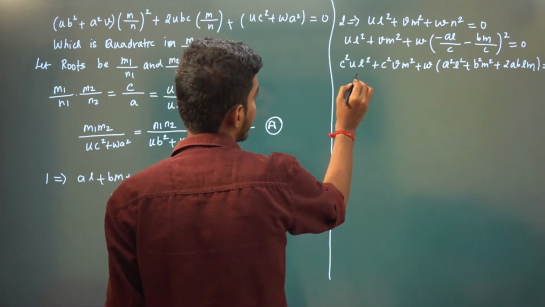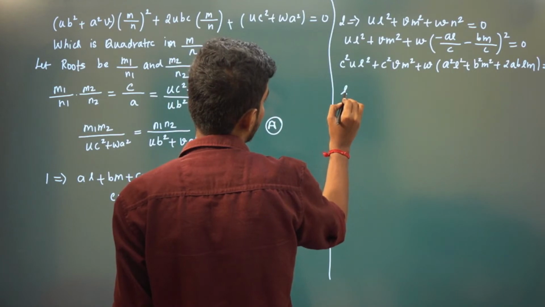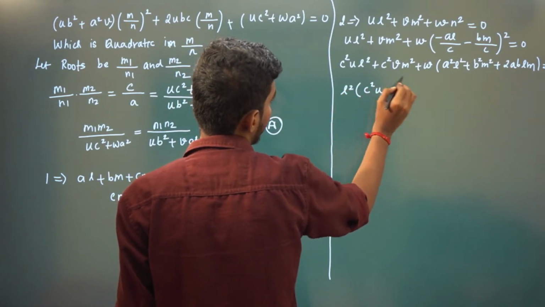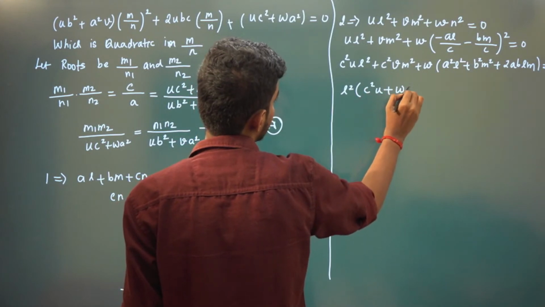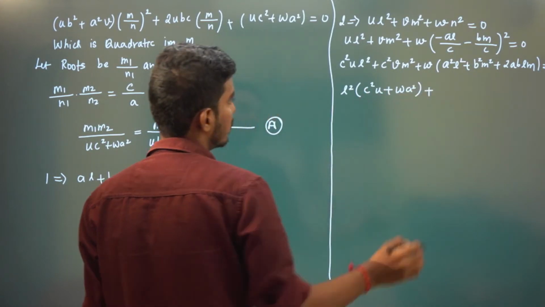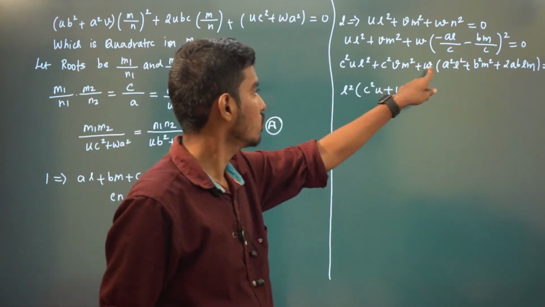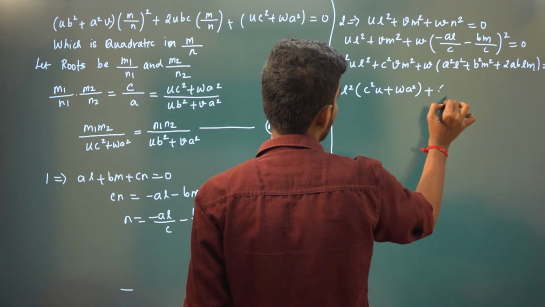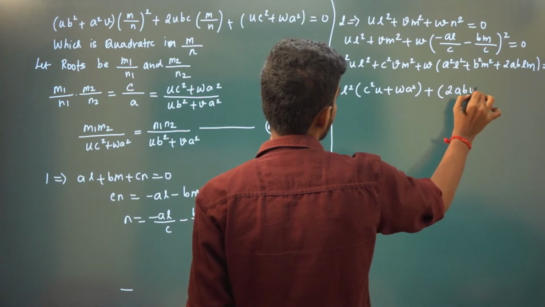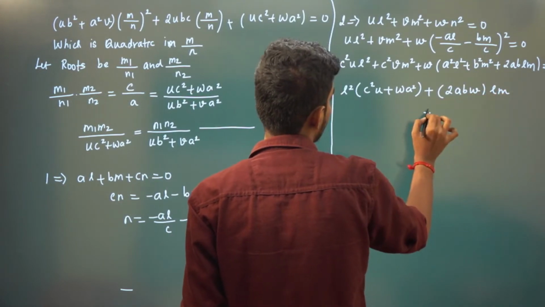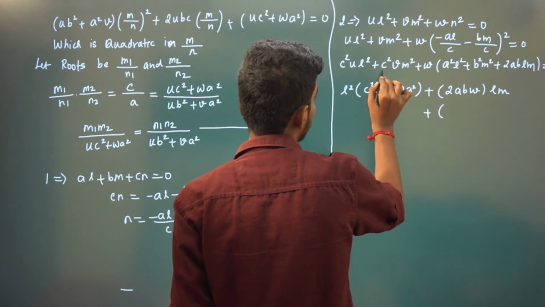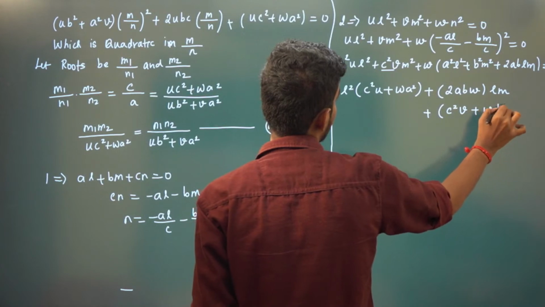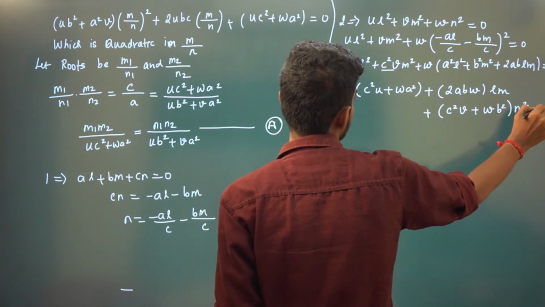Let's take l square common. So we will have c square u plus w a square, l square, and if we take lm common, we will have 2abw into lm, and let us take m square common now. So we will have c square b plus w b square, m square is equal to 0.